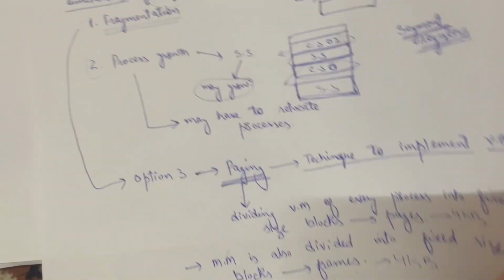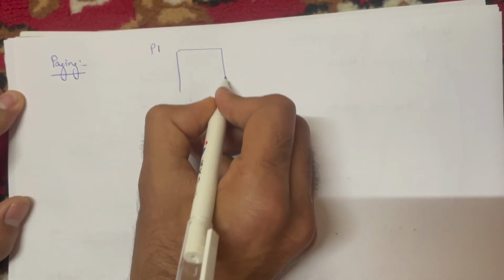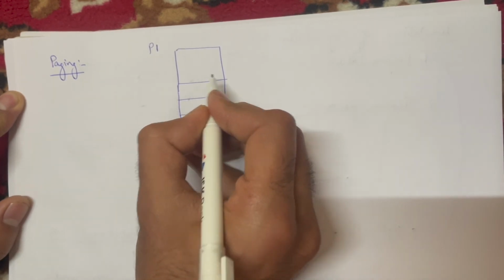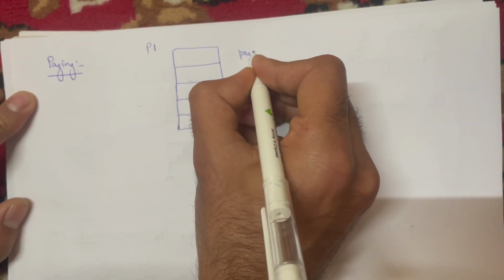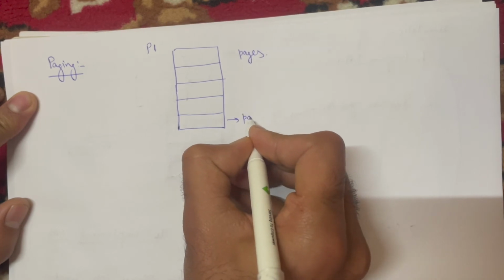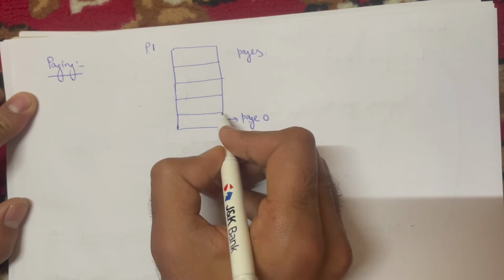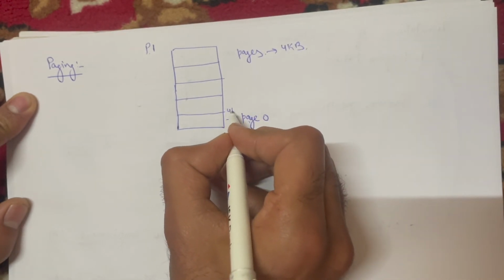So in paging, let's suppose I have a process P1 whose virtual memory was like this. We are dividing it into fixed size blocks, which are called pages. So this is page 0 of process P1. Its starting address will be 0, and let's suppose every page is of size 4 KB, so the last will be 4 KB.